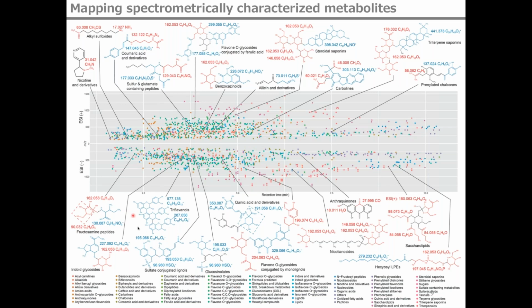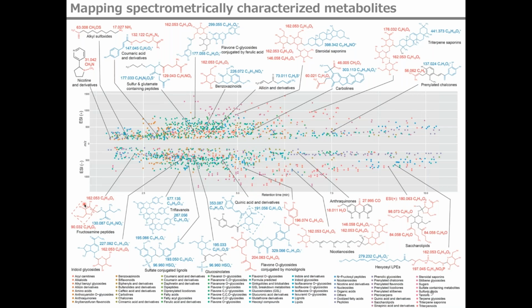Blue colors of structures mean the characteristic product ions, which should be confirmed to characterize the metabolite class species. Red colors of structures mean the neutral losses, which should also be confirmed in the MS-MS spectrum for metabolite class characterization. And finally, we could annotate more than 1,000 metabolites in a total of 12 plant species.